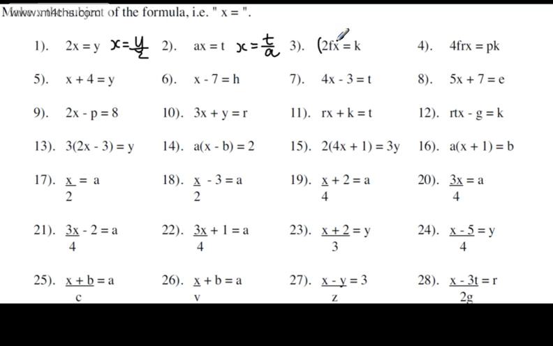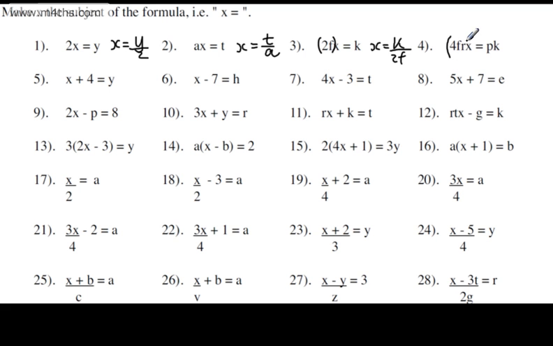This one here, we've got 2f multiplied by x is equal to k, so we can say that x is going to be equal to k divided by 2f. 2f, now just think of this as a number. This number 2f was multiplied by x to give k, so x is going to be k divided by 2f.